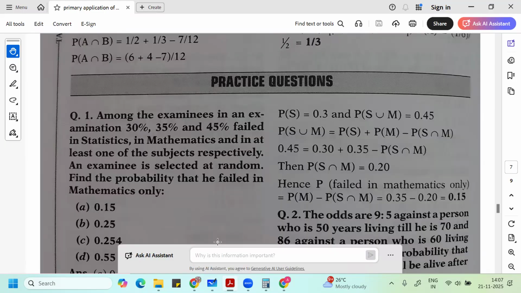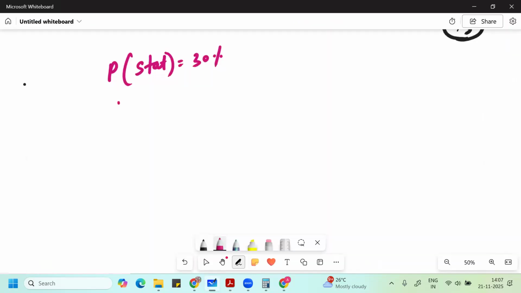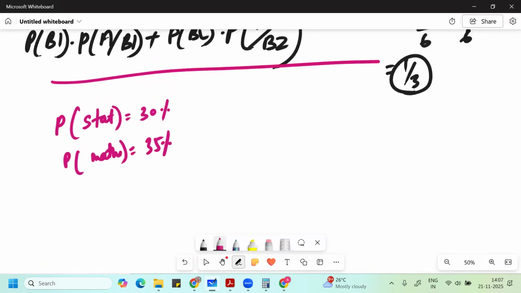And in your examination, 35% fail in maths. The probability that you fail in maths is 35%. Okay, this is failed probability.